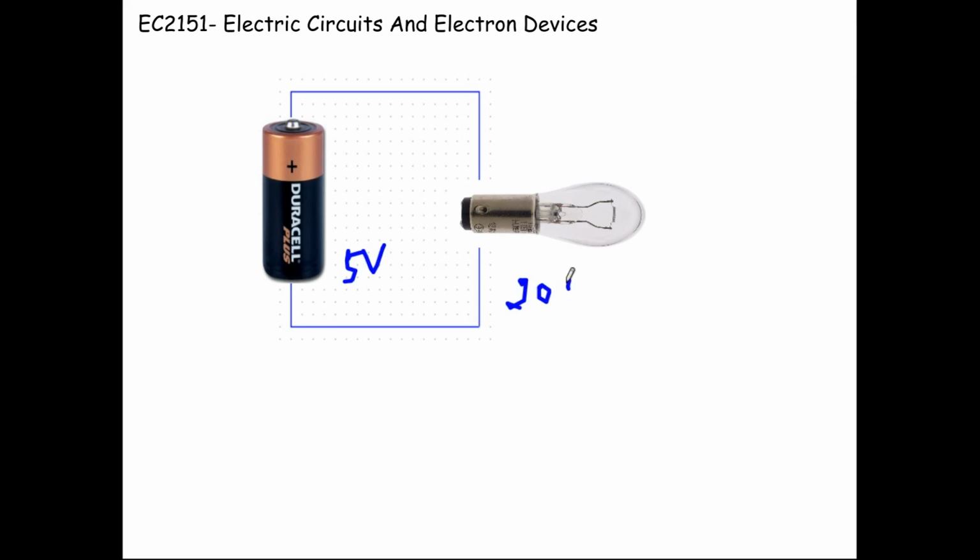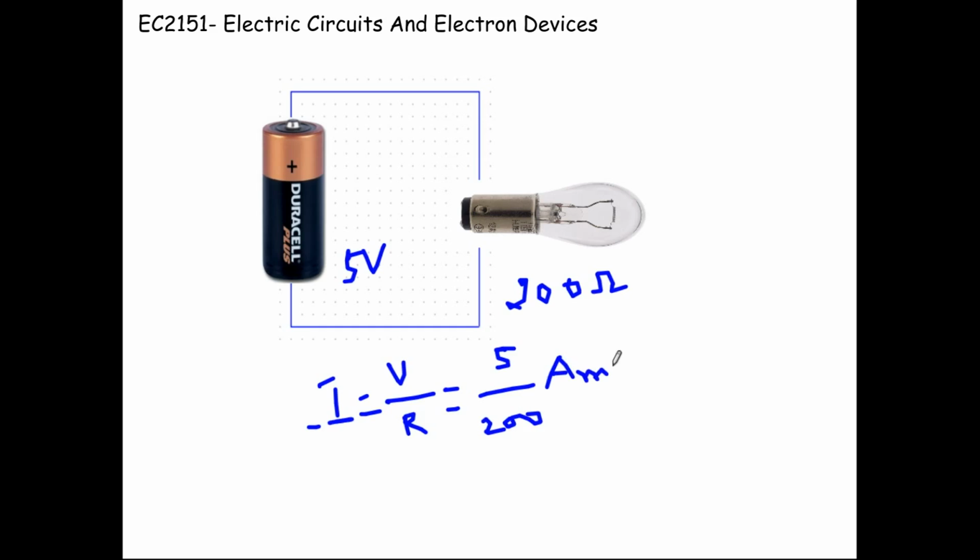Then the current I equals V divided by R, which is equal to 5 divided by 200 amperes, right? So this is how we calculate the current consumed by the bulb by knowing its voltage and resistance.